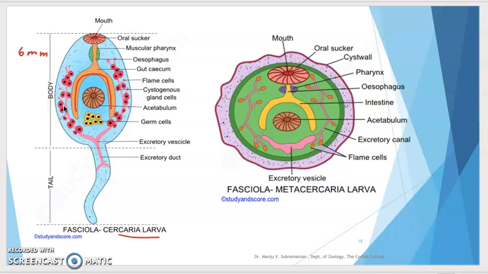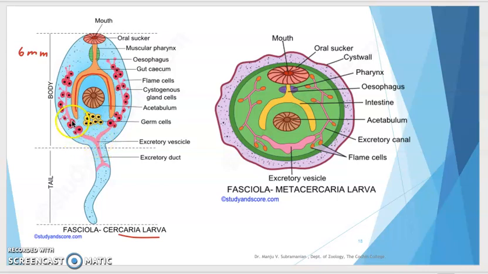Then the excretory tubules of the two sides open into the excretory vesicle. So this is an excretory tubule, which opens into the excretory vesicle, which continues as an excretory duct. From each flame cell, small ducts arise that join together to form a duct, and it reaches the excretory vestibule.